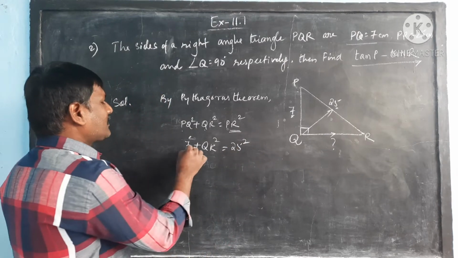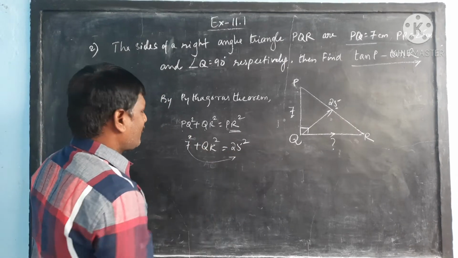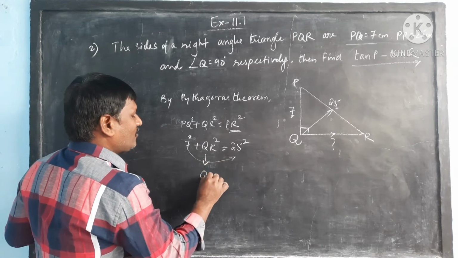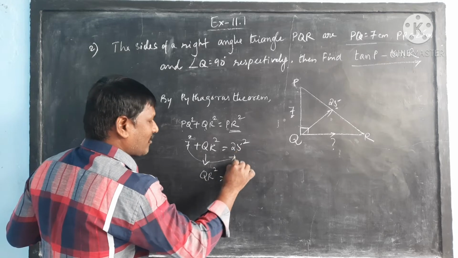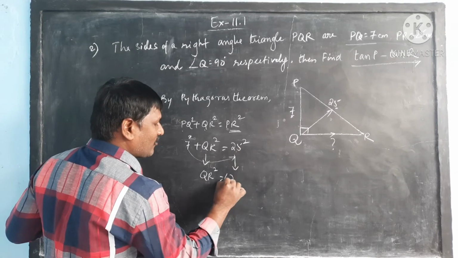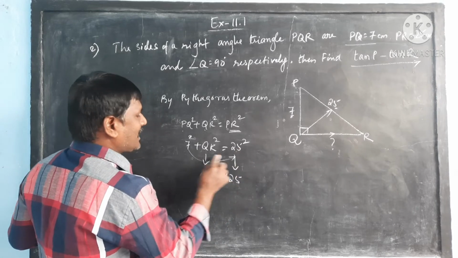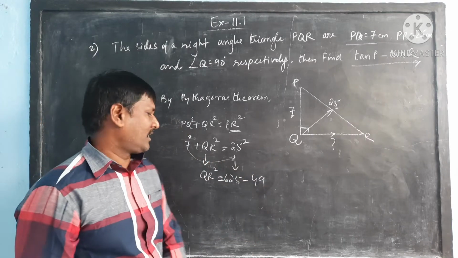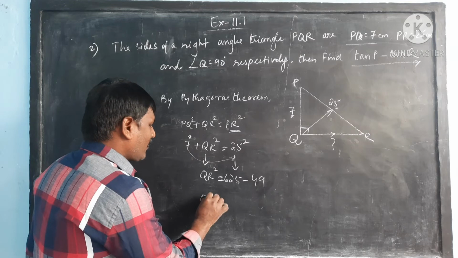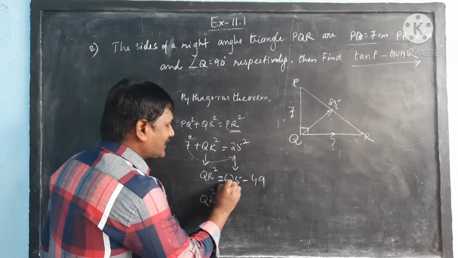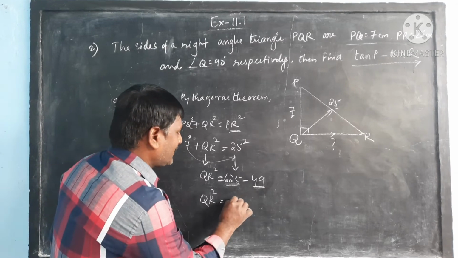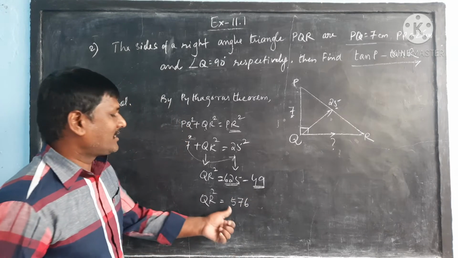Now transfer 7 square from the left side to the RHS. Then you get QR square is equal to 25 square, which is 625, minus 49, because 7 square is equal to 49. Then QR square is equal to 625 minus 49, which is 576.